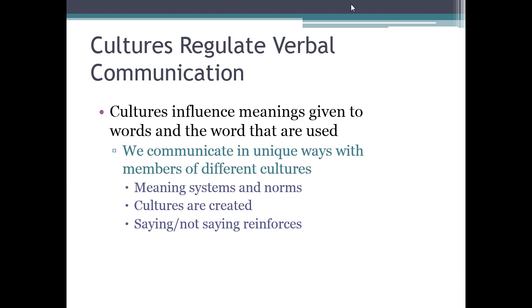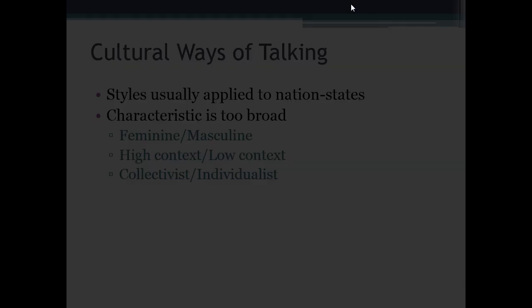And understand the reason for this is because of the meanings or the meaning systems and norms of those groups. So cultures are created through verbal communication. And when we say or don't say something, that in fact reinforces those cultures. So talking is important.